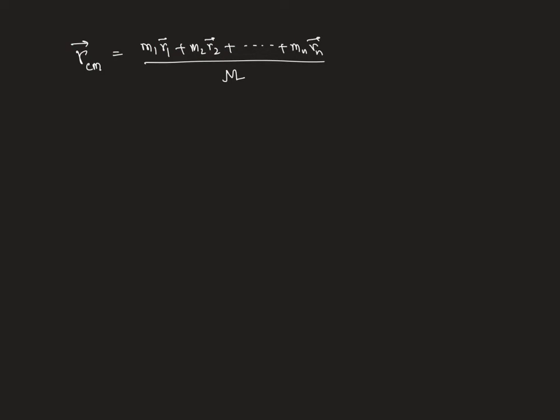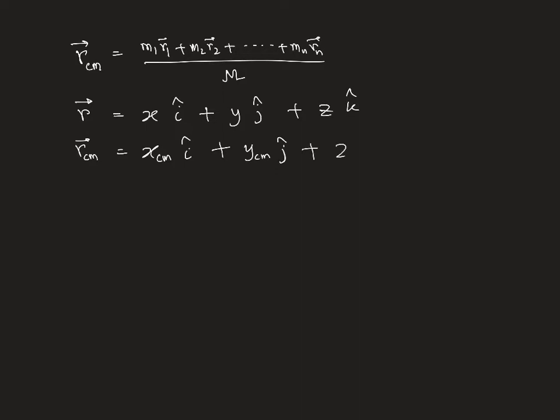So you can express the position vector of any particle in terms of its coordinates: r equals x i cap plus y j cap plus z k cap. Same way you can write RCM equals xcm i cap plus ycm j cap plus zcm k cap.